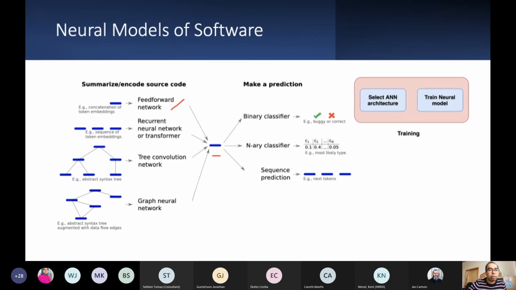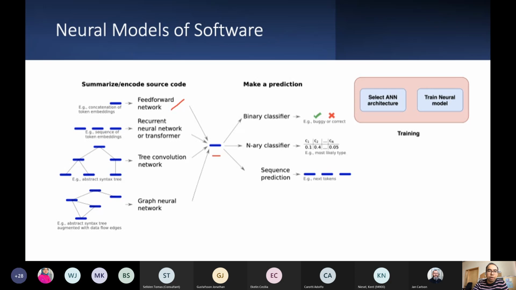Once this summarization is done, the next phase is the prediction phase. Neural models of code are almost exclusively classification problems. For example, one common prediction component is a binary classifier that asks whether a piece of code is correct or buggy, or whether a code is a clone of another code or not.